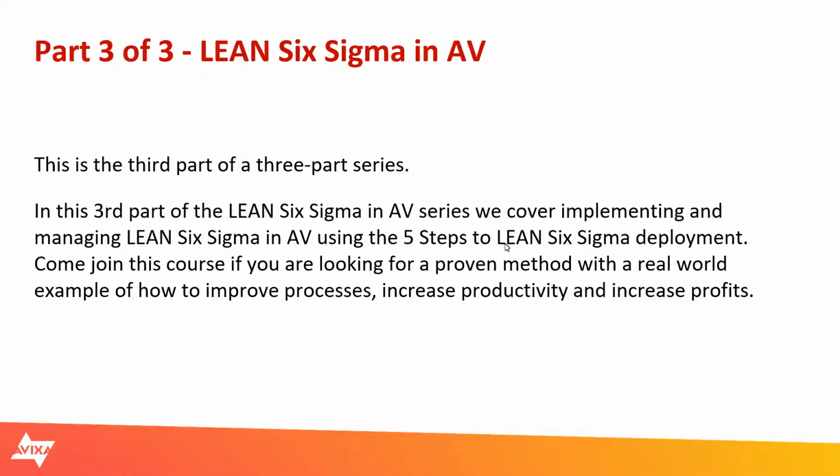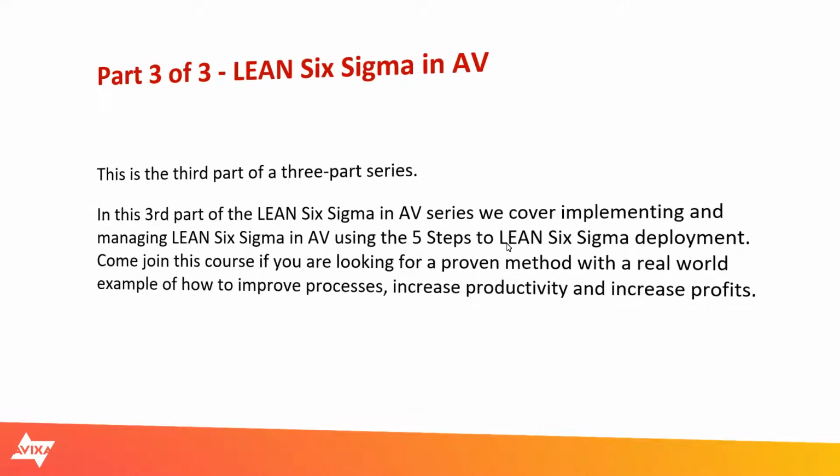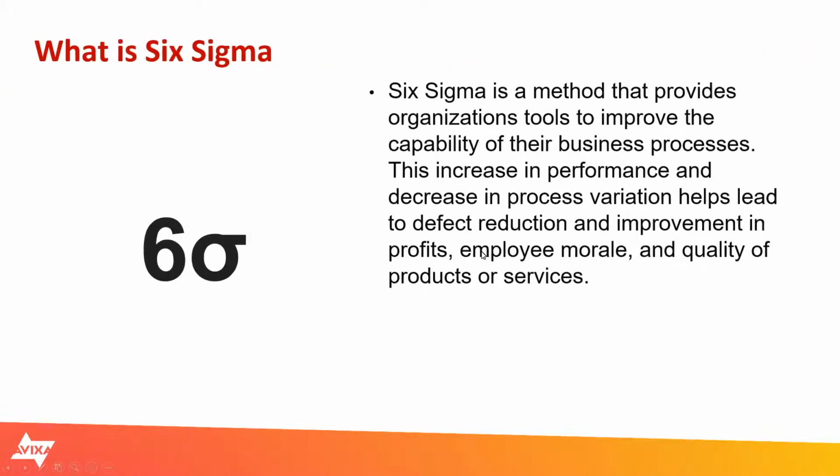So when we talk about the 5 steps to deploying Lean in AV, again, I'll just cover very quickly what Lean Six Sigma is. Six Sigma is talking about the number of standard deviations away from, or actually towards, the goal. With 6 standard deviations, if you were working in a production line, there would only be 3 defects per million of the products that you put out.